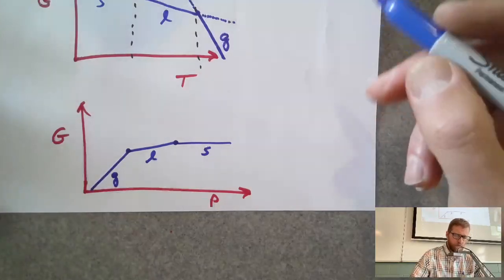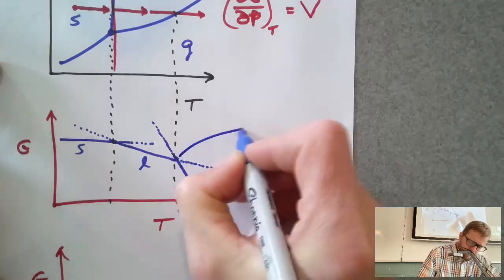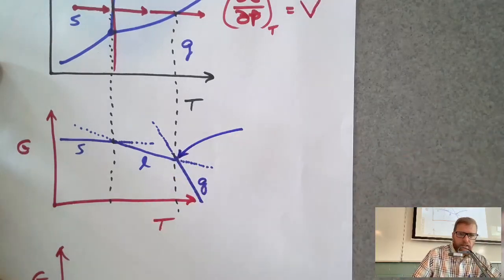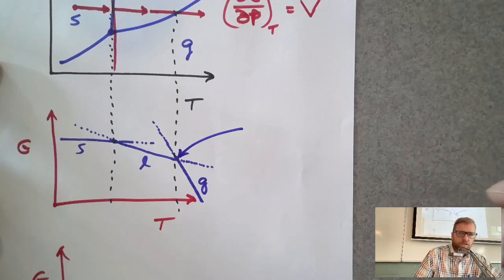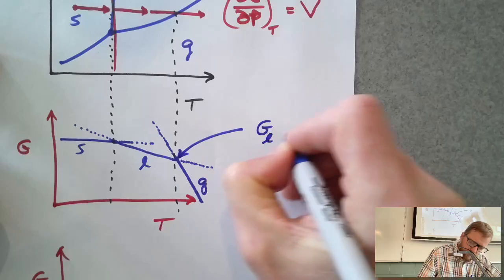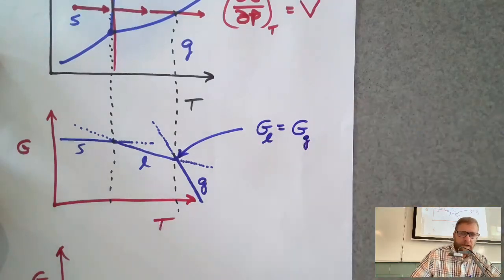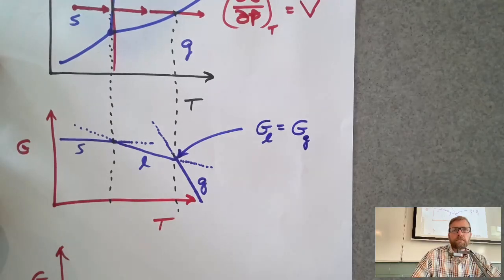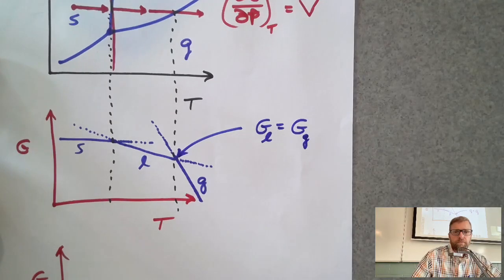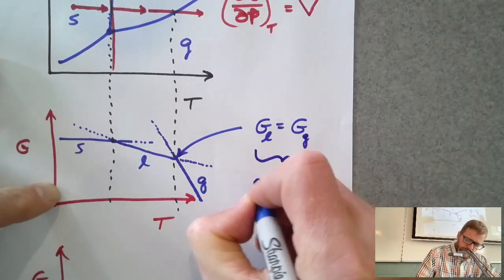Okay, so one more thing that I want to point out here is that at these phase transitions, the Gibbs energy of the liquid is equal to the Gibbs energy of the gas. This means that at the phase transition, you're at equilibrium.